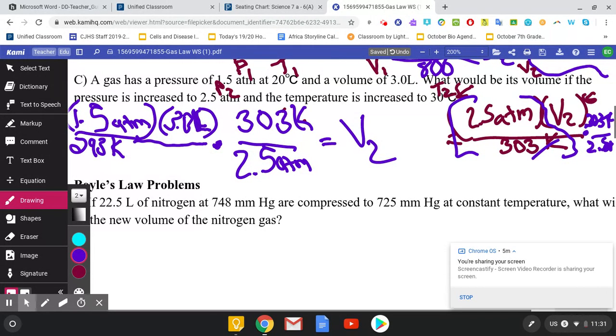This is what I'm looking at so far. This is from the first side, and this is when I flipped over the inverse to get rid of it on the right side, so V2 would be by itself. I had to do that to the left side as well, and that's where that came from.